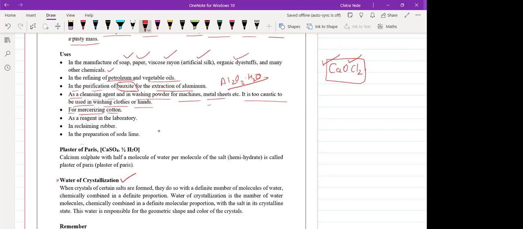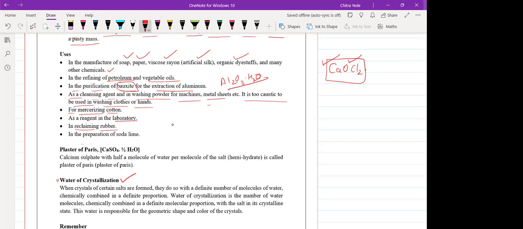Okay, next. As a reagent in laboratory, we already discussed that. Then in reclaiming the rubber, see, rubber formed from the latex plant does not have much strength, right?